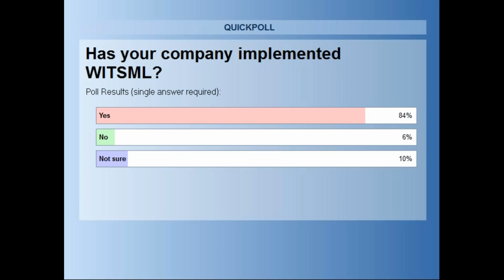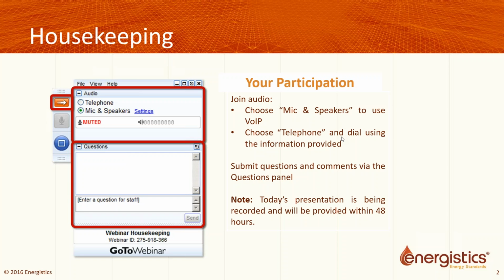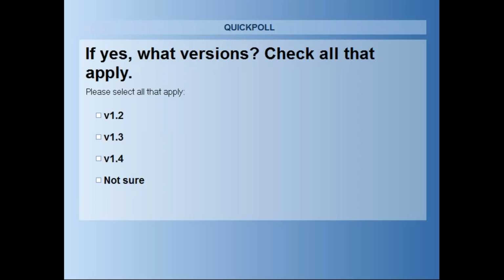As you can see from the results, 84% of you said yes, that you have implemented WITSML. 6% have not, and 10% are not sure. Our next question, if you answered yes, that you have implemented WITSML, what versions are implemented? Please check all that apply.